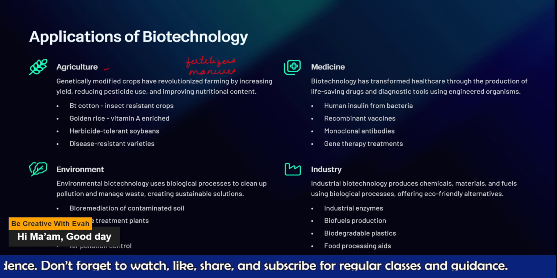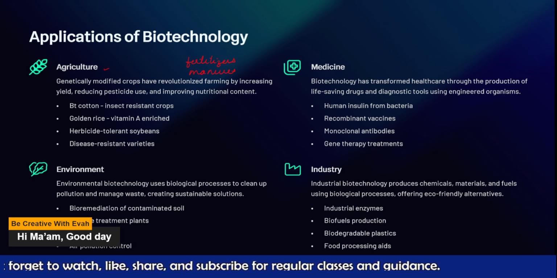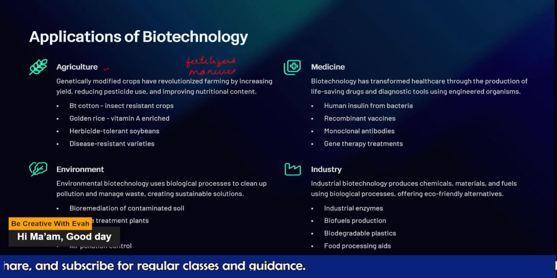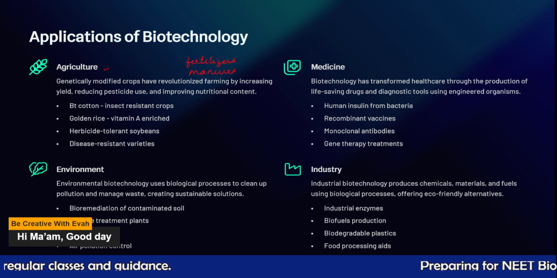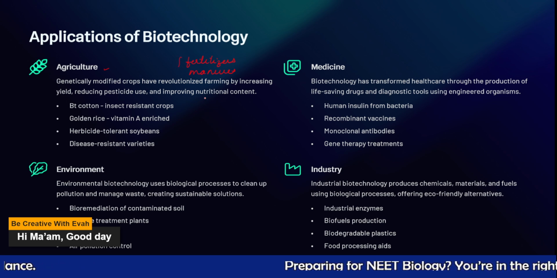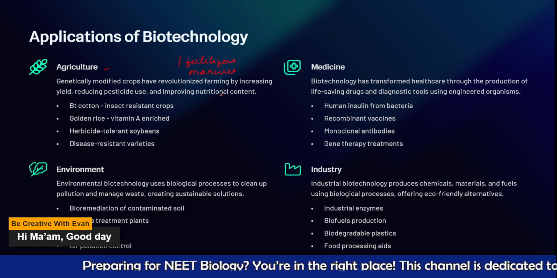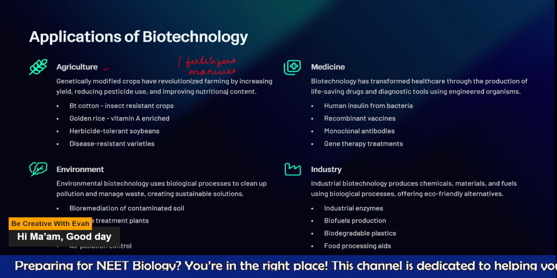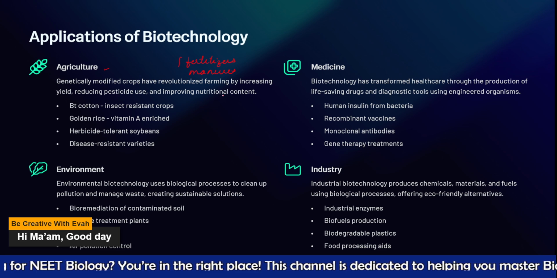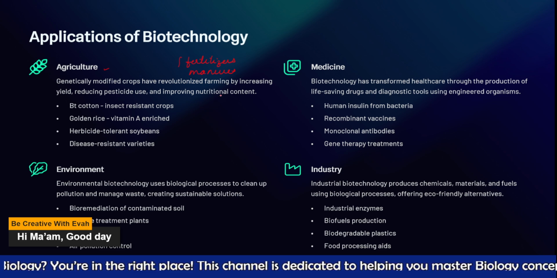But there are a lot of factors that affect the growth of plants. For example, pests or weeds and all, right? So then they were thinking, instead of using chemicals, how can we change the genes of the plant so that it has some resistant power, or it will be resistant against pesticides, pests and all.